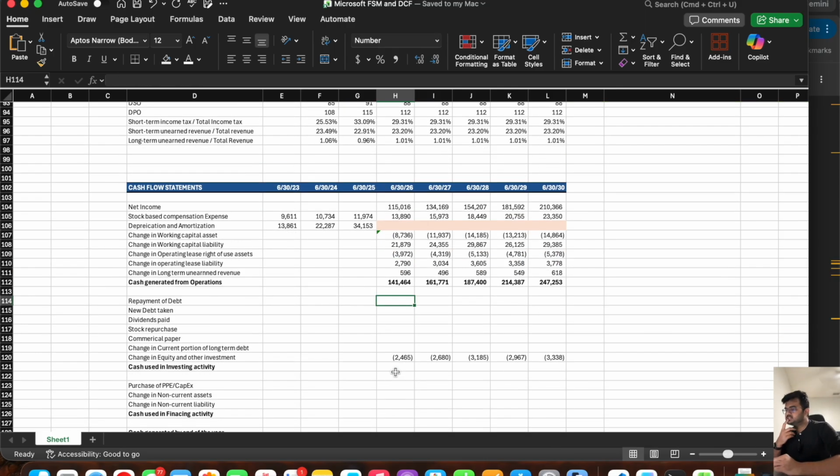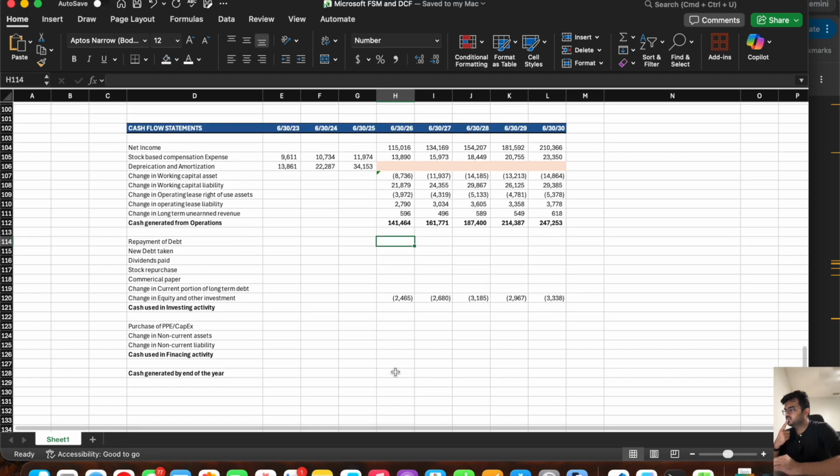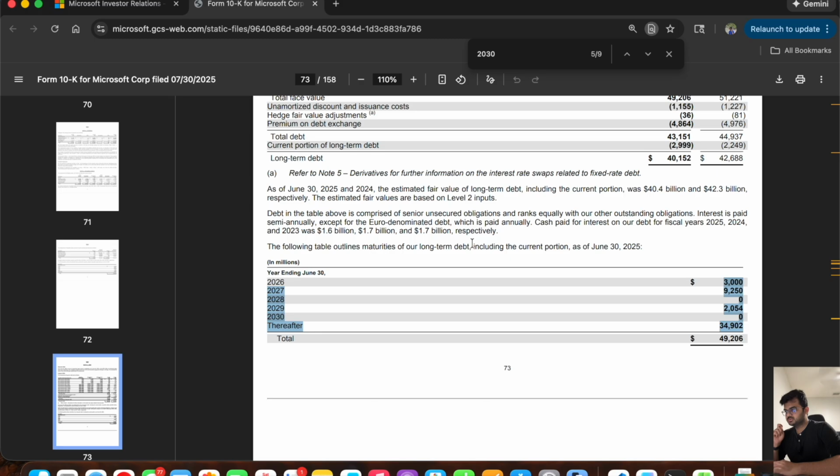So now let's try to figure out what we can do for repayment of debt and new debt taken. Typically, if you go to the Microsoft 10K report, there is a footnote which outlines the maturity of the long-term debt including the current portion.